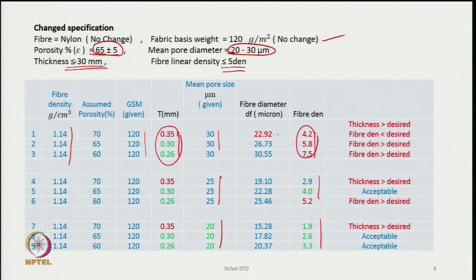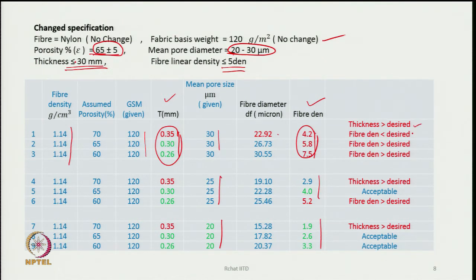If we look at this table now, the answers are given in this column and this column. Out of these answers, we have to see which answers are actually satisfying the requirements. So, in the first row, thickness is greater than desired.